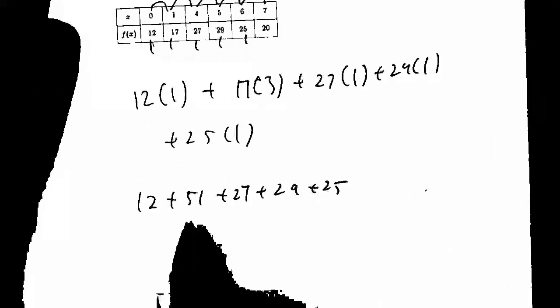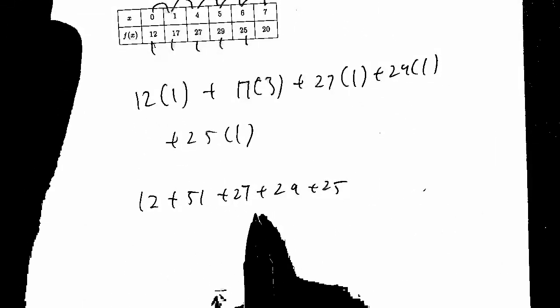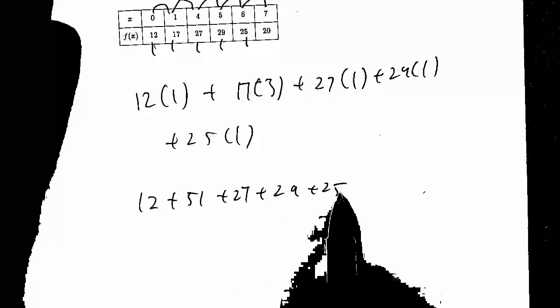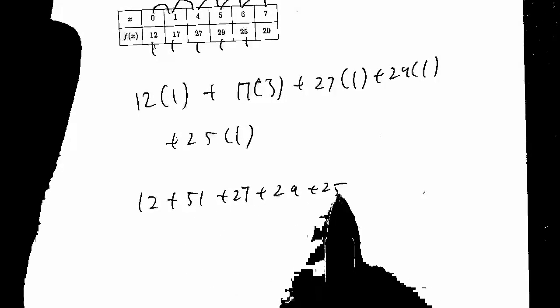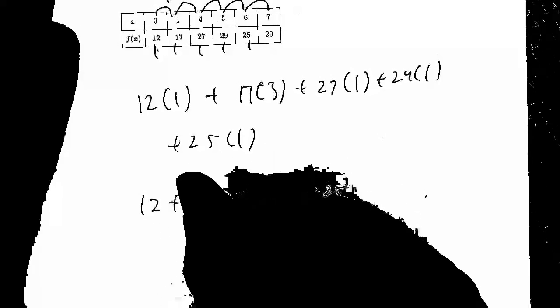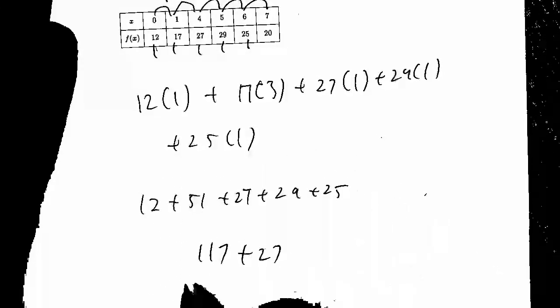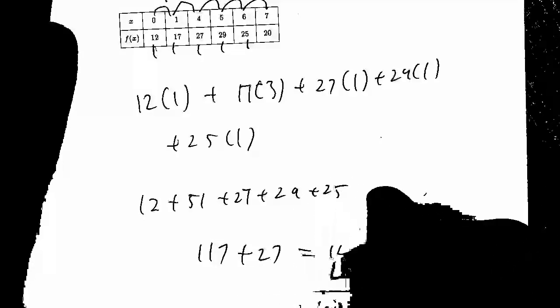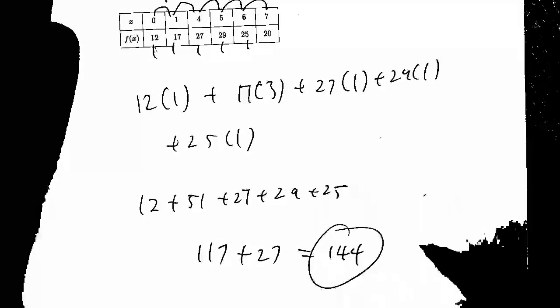All this together, 12 plus 51 is 63, 90, 119, 144. I'm getting 144. Okay.